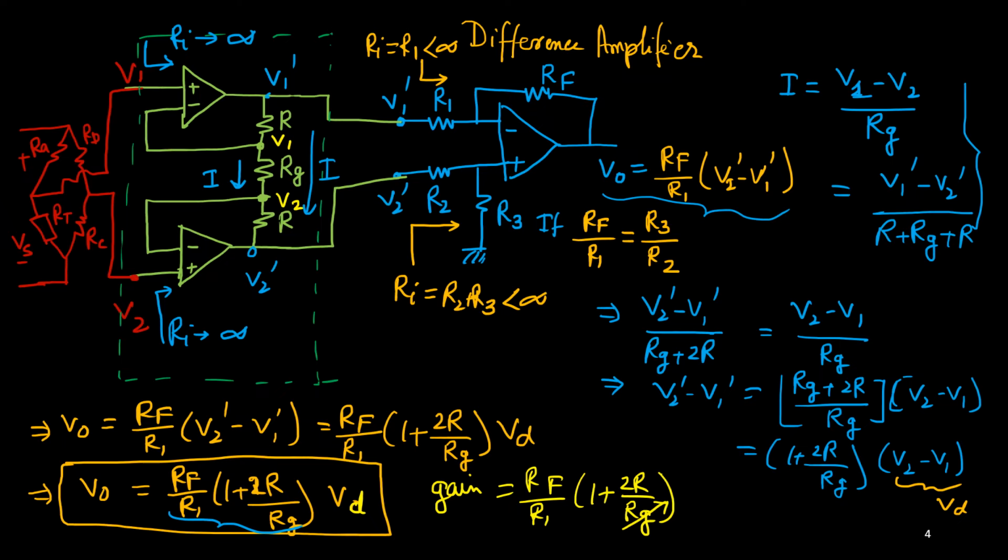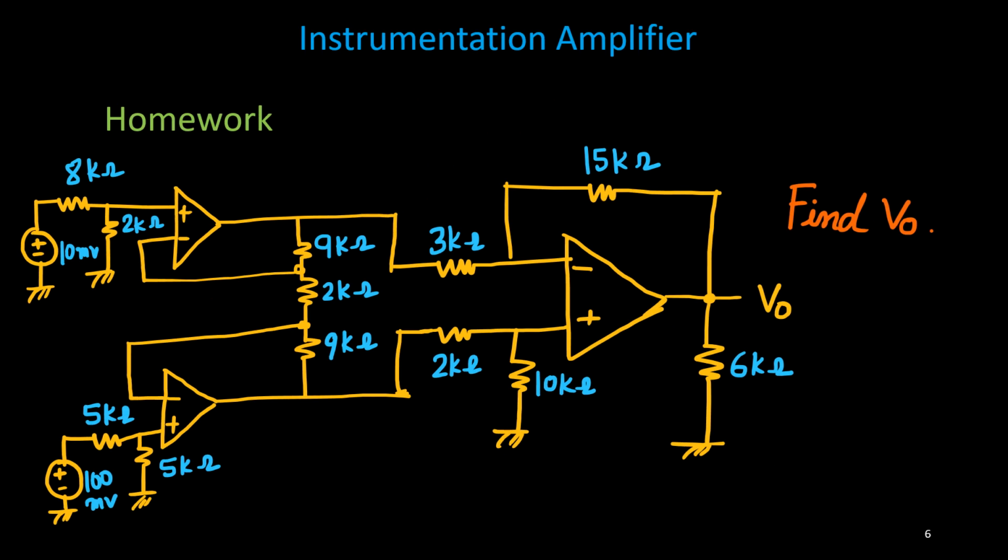If there is a slight mismatch in these values, then you will get a certain common mode output voltage at the output end. So it is not rejected perfectly. That will be discussed in detail, and I hope you have got the concept.